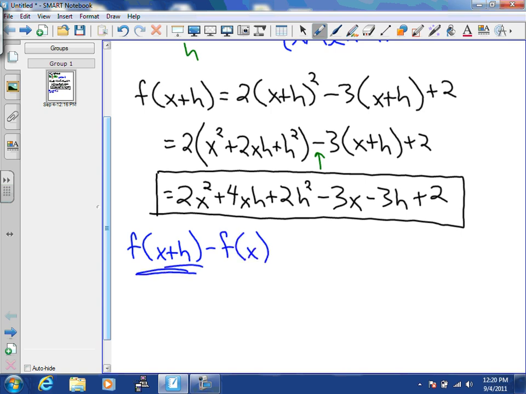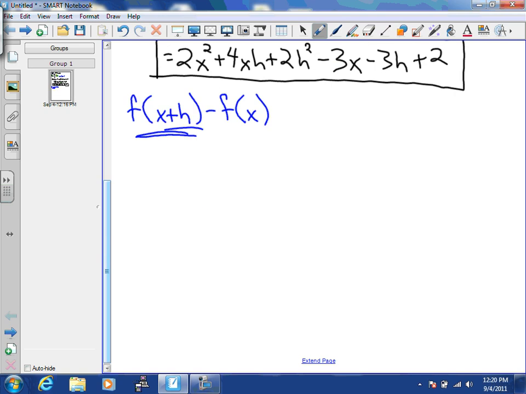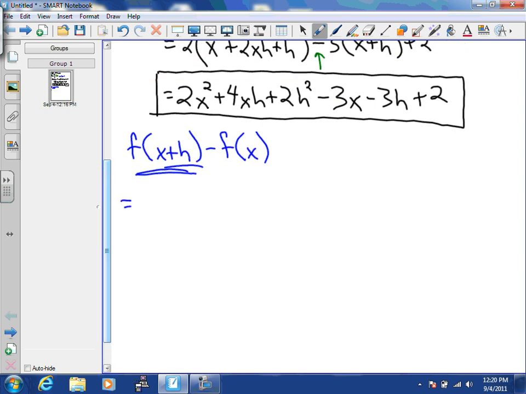Well, we already have f of x plus h. That's all the stuff in the box that I drew. So I'm just going to rewrite all that: 2x squared plus 4xh plus 2h squared. Then I have the minus 3x minus 3h plus 2.